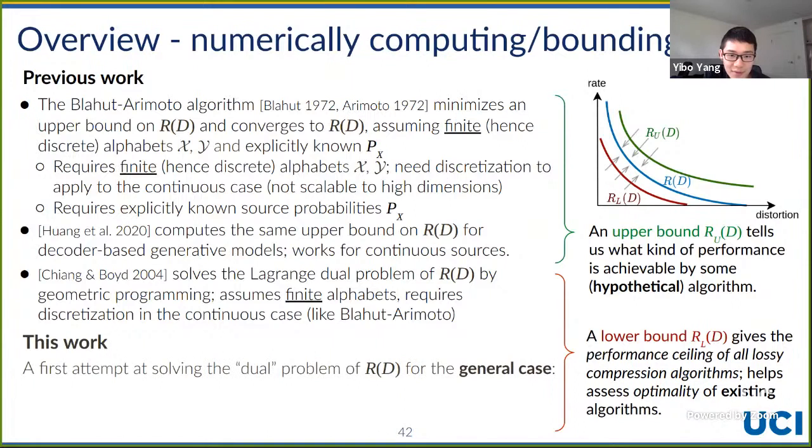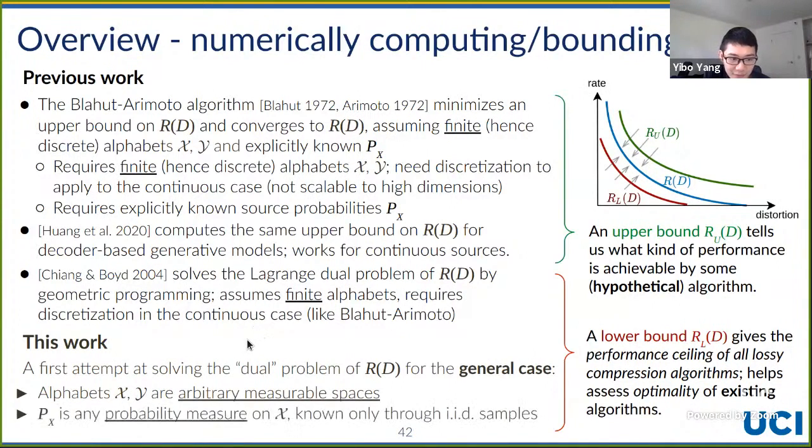And this work that I'm currently working on is, as far as I know, a first attempt at developing this lower bound and approaching RD from below for the general case, where the alphabets, again, these are the sets that the data and the reproduction can take values in, are arbitrary measurable spaces, whereas in previous work, these have to be finite sets.